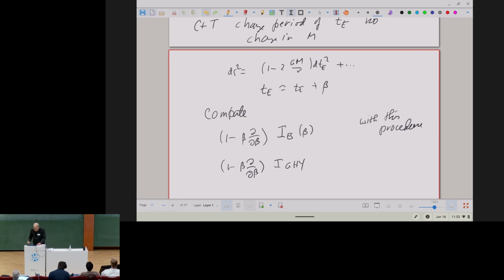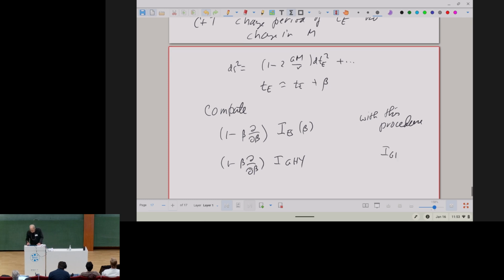But I told you the boundary term at infinity is a local integral. And the boundary is just something times the circle of circumference beta. So I_GHY is going to be beta times something. And 1 minus beta d by d beta annihilates beta. So the boundary term doesn't contribute to the action.